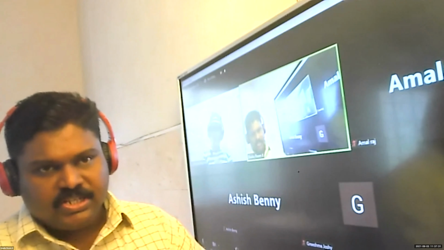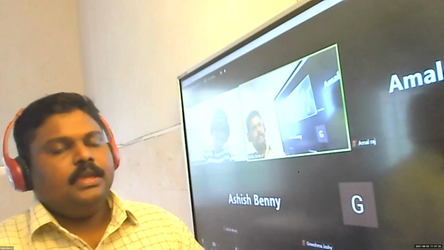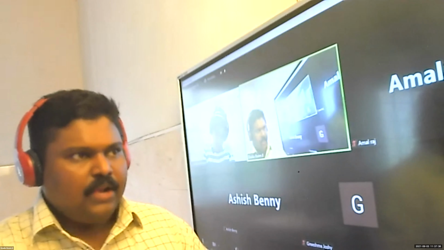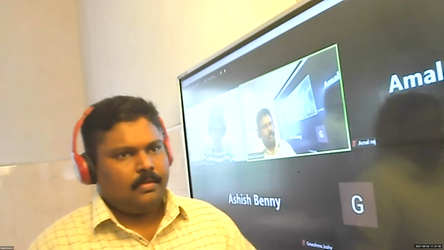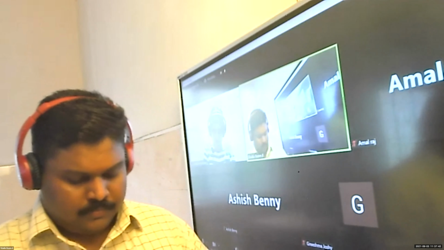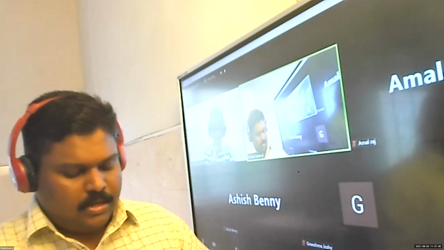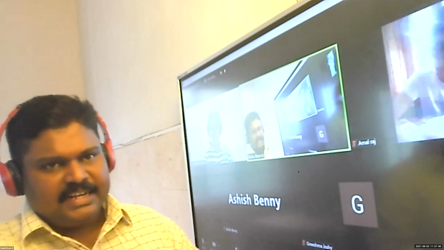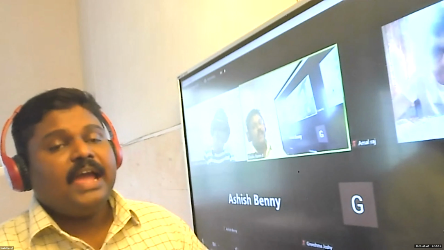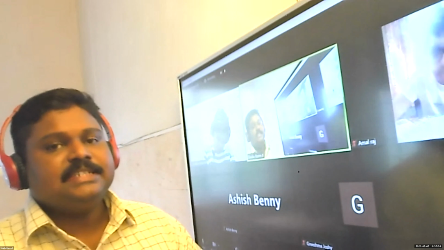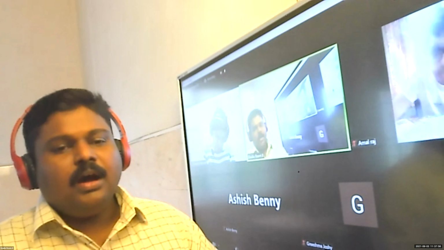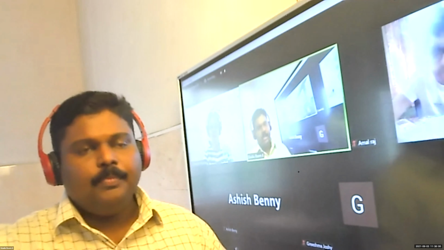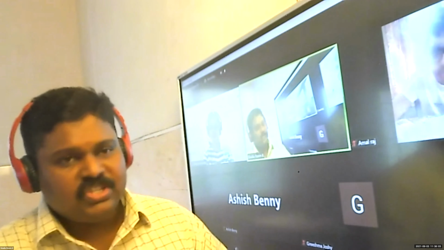Next one, its decisions reflect only Western values and interests, as we discussed earlier. Here, the permanent members in the Security Council, except China, almost all other countries are following the Western values.